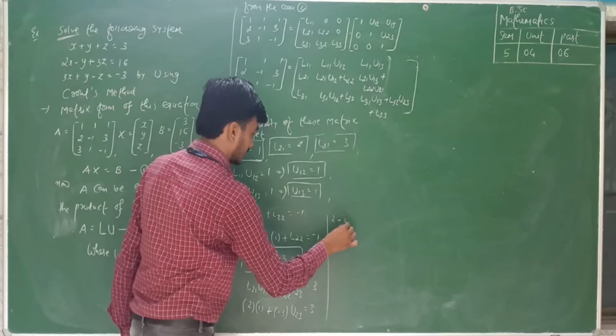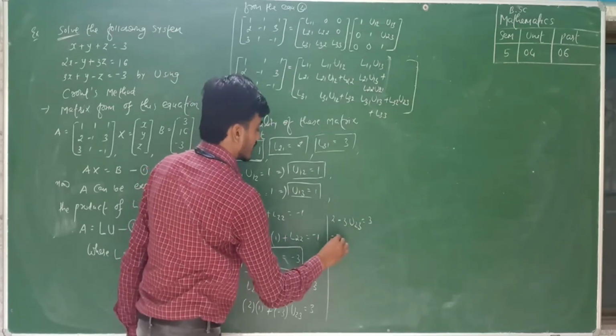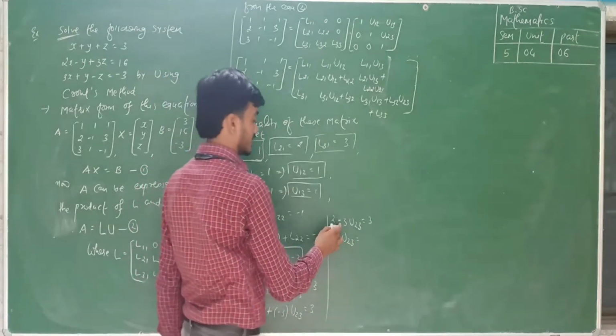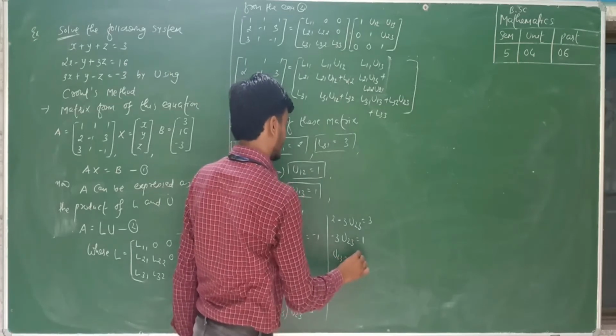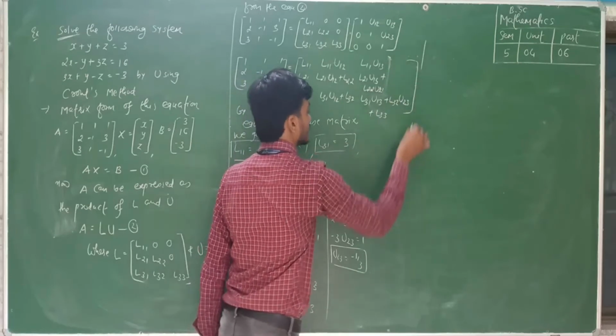So 2 minus 3 into U23 is equal to 3. So minus 3 into U23 is 3 minus 2, that means 1, so U23 is equal to minus 1 by 3.